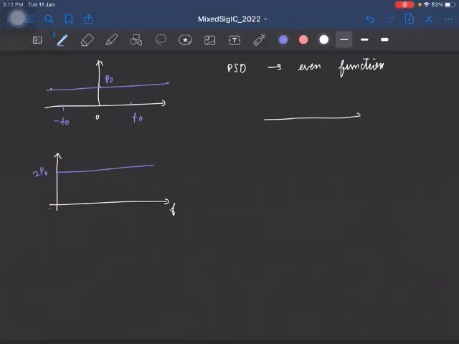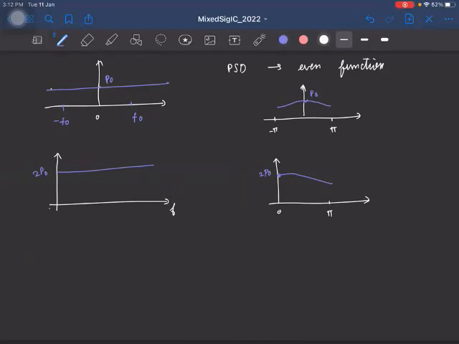Let's say for discrete time we had something like this from minus pi to pi, with some profile like this. What we do is show only the positive frequency range from 0 to pi, and if this value is P0, we represent this as 2P0.